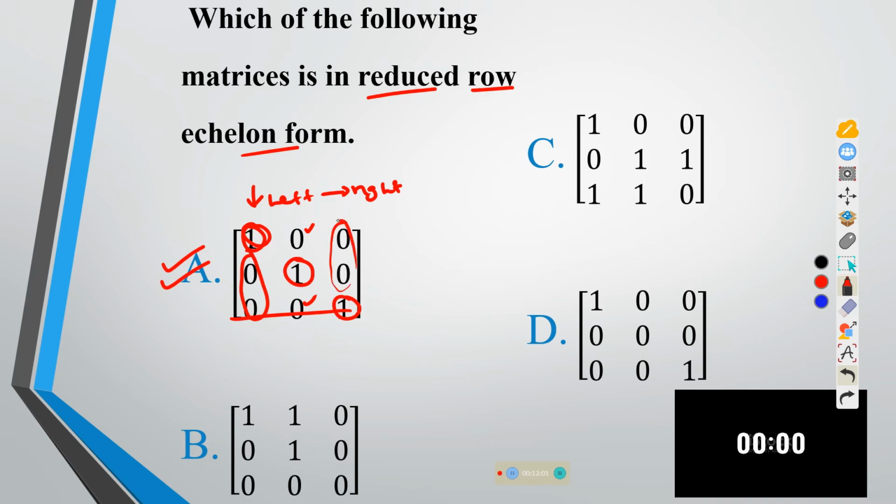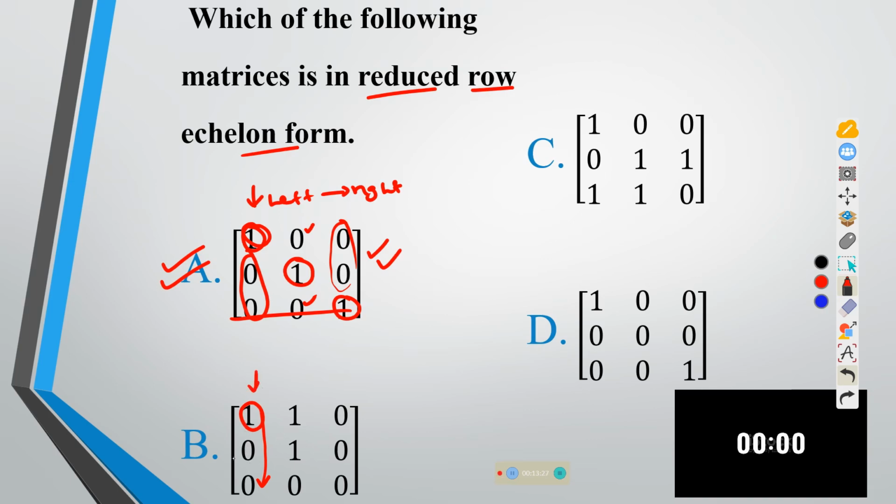So it means this matrix qualifies to be a reduced row echelon form. When you look at this matrix here, a leading 1 is there, which is true. All other entries within this are zeros, so this one is okay.